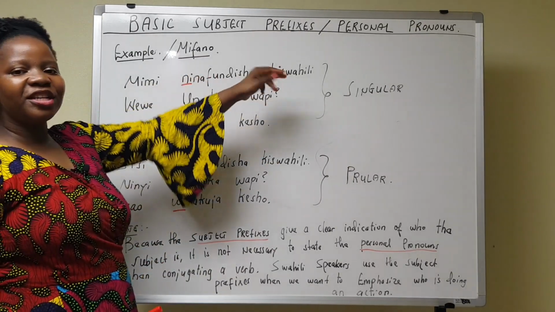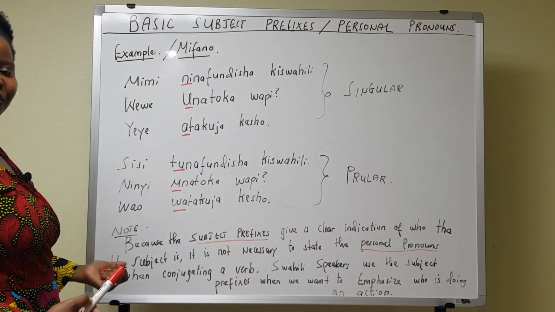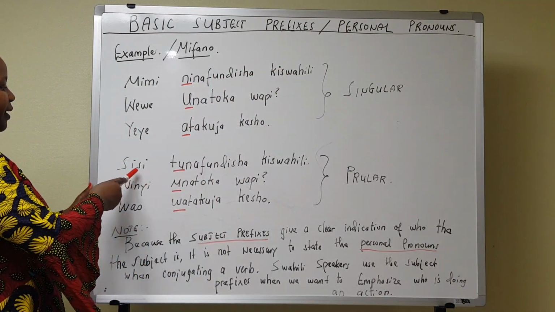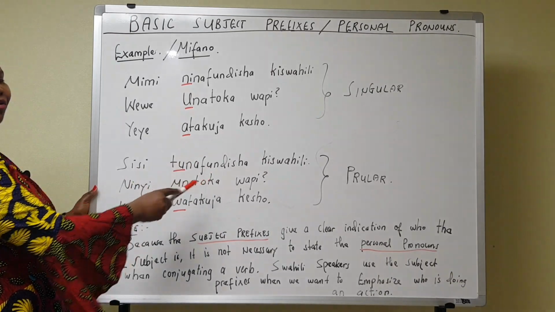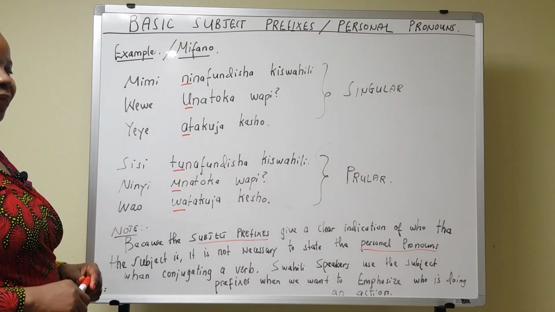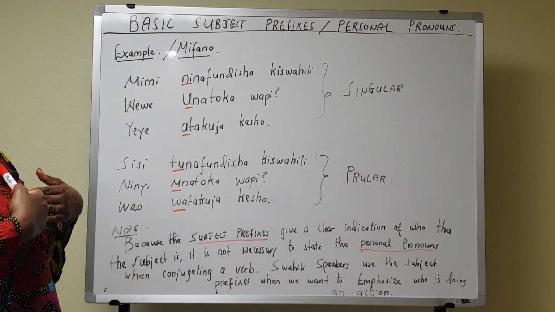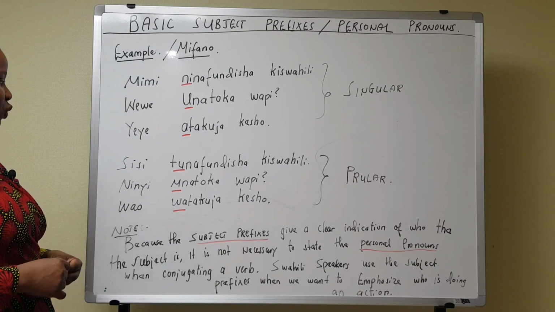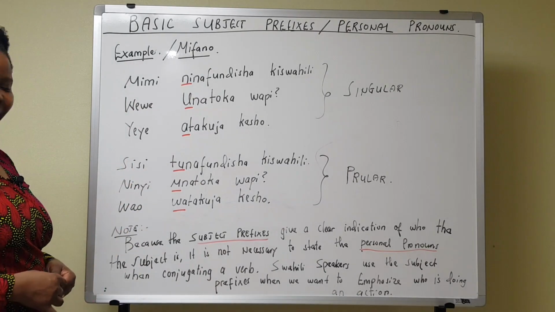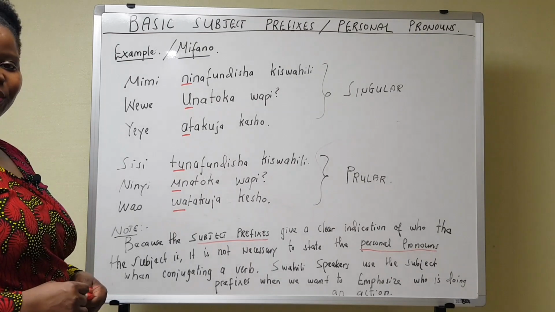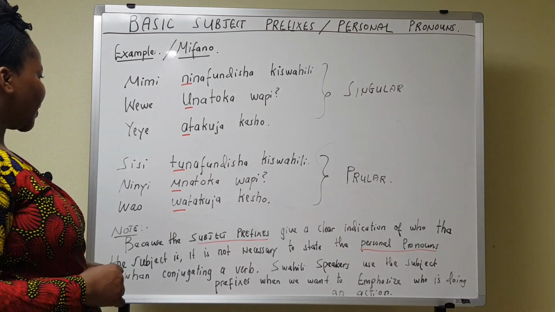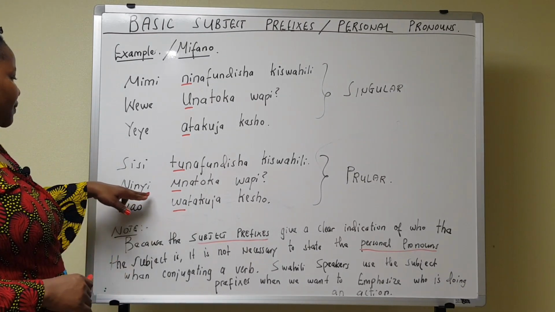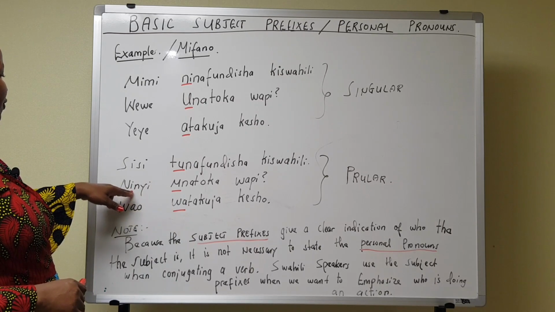Mimi ninafundisha Kiswahili, in plural form, is Sisi tunafundisha Kiswahili. We are teaching Swahili.